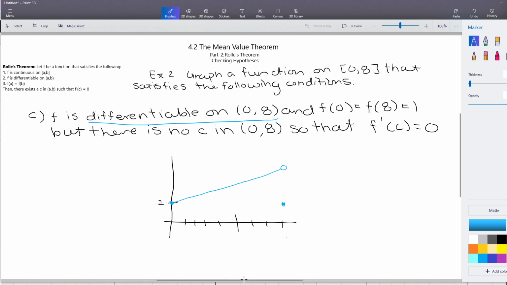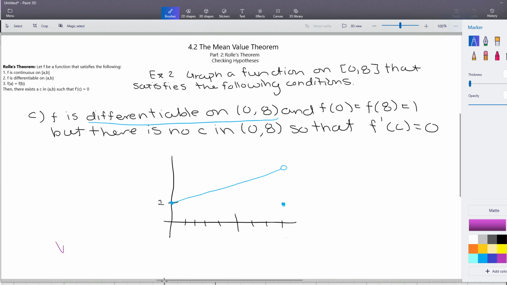There's no point along this interval 0 to 8 where the tangent line is horizontal, meaning that the derivative is 0. But I still have a function that is differentiable on the open interval. The issue is that the function is discontinuous at one of its endpoints.